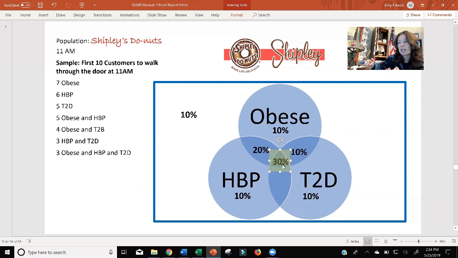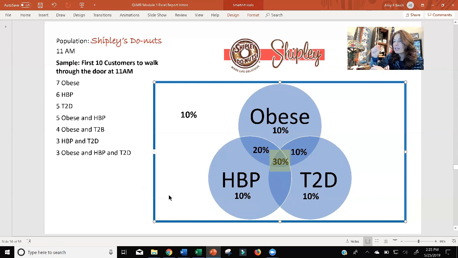So what that means when we talk about probability is, say I walk into Shipley's Donuts, if this were a good survey, really done well, and the population was actually random. This is a non-official survey just to discuss what we're going to actually do in our scenario here in just a minute on Excel.